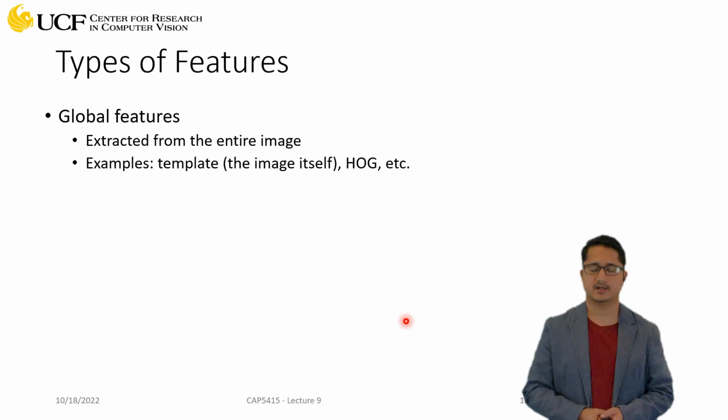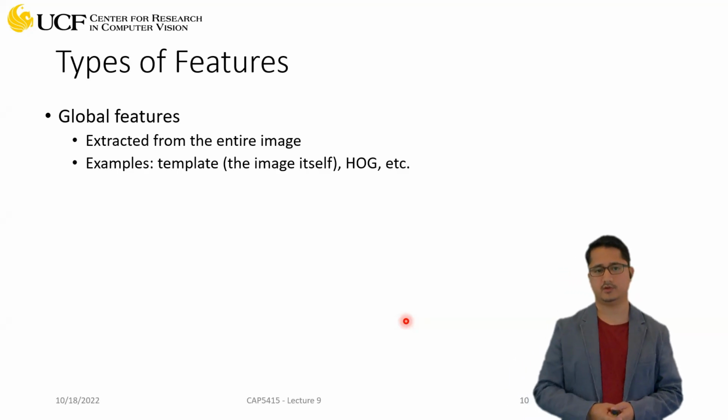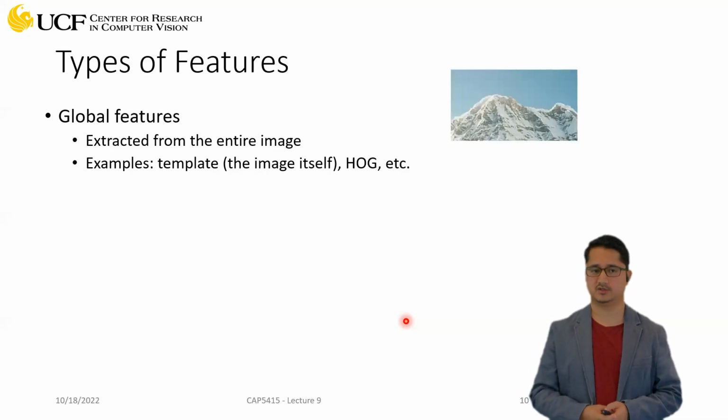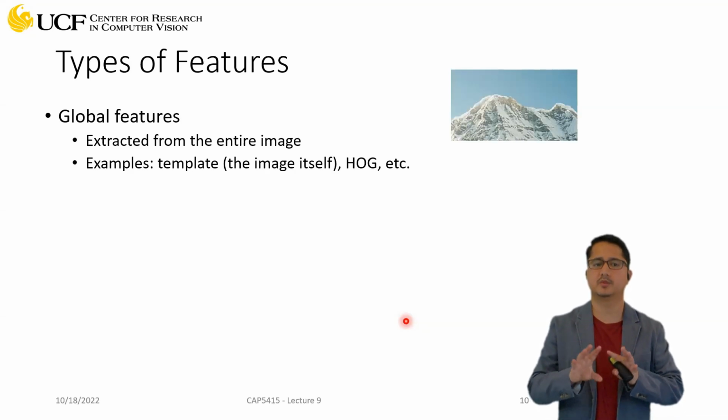So a high-level categorization of these features, if you have to do that, you can say that some features can be global features, and the other is local features. Looking at global features, when you're extracting these features, you have the bigger picture.